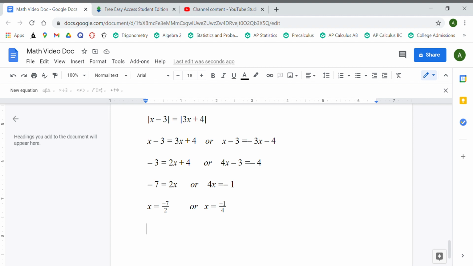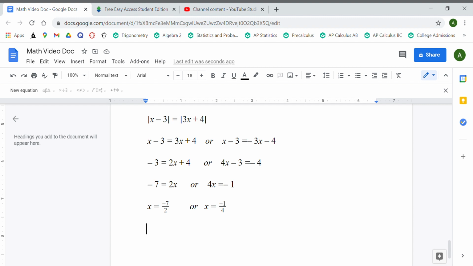Now, is that always the case? Wrong. There are actually some times where there are extraneous solutions. And those are the apparent solutions that make the equation not true. So that's something you need to watch out for. That's why I always say check your work.